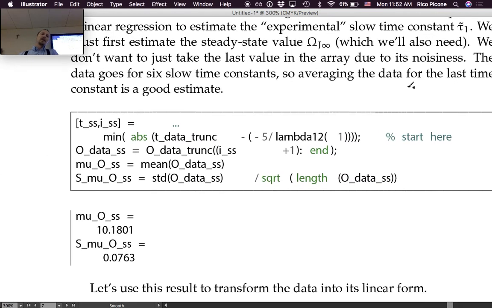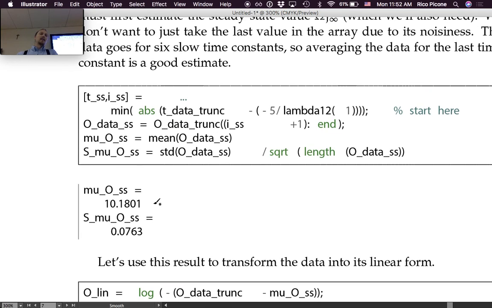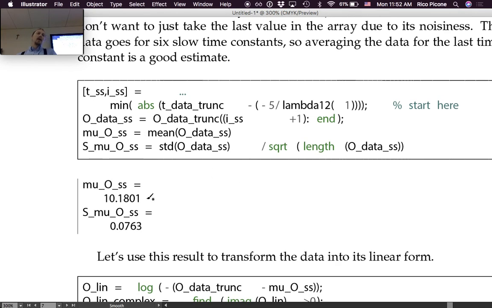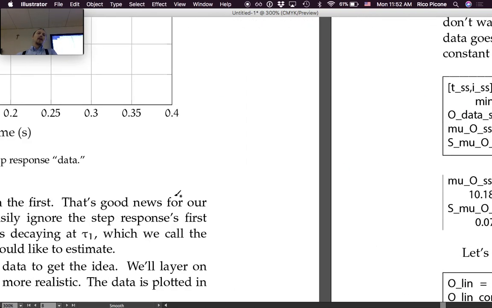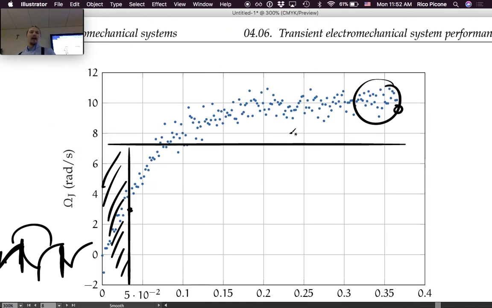We use a similar routine here to just take the average over that last little bit, and we get 10.18 as our average value. So our average is like here for this last little chunk, which gives us a good estimate of the steady state value.